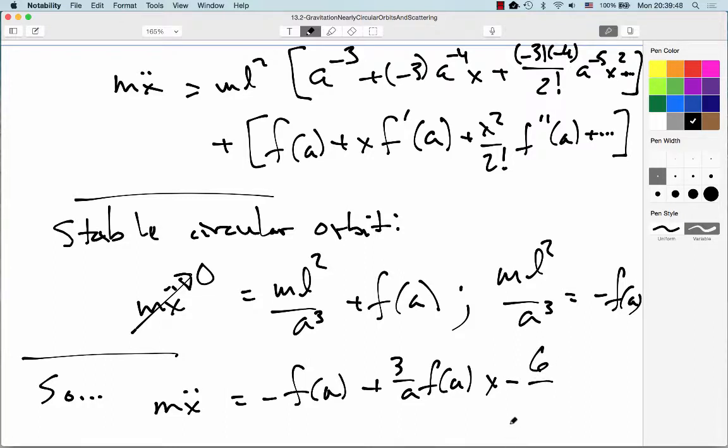Minus 6 over a squared F of a times x squared plus and such.